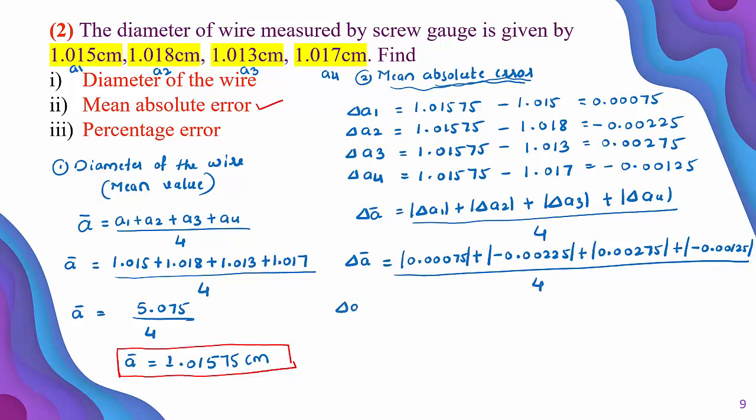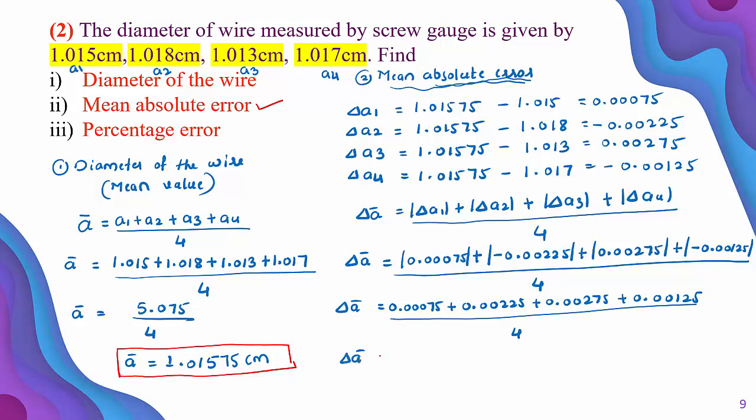When we use mod, it removes the negative sign, so directly we can write all the numbers as positive: 0.00075 plus 0.00225 plus 0.00275 plus 0.00125 divided by 4.